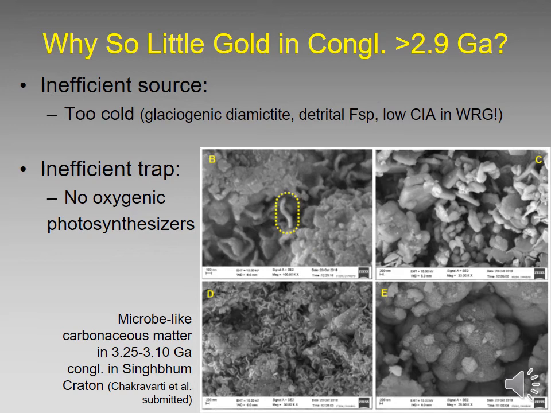But we do have microbial remnants in these older rocks. The pictures I brought you here are pictures of microbial remnants from conglomerates in India. They are probably about 3.2 billion years in age, so more or less the same as the ones from the Moodies group. But again, the Moodies group has got microbial mats, but doesn't have gold, at least not in the sedimentary environment.